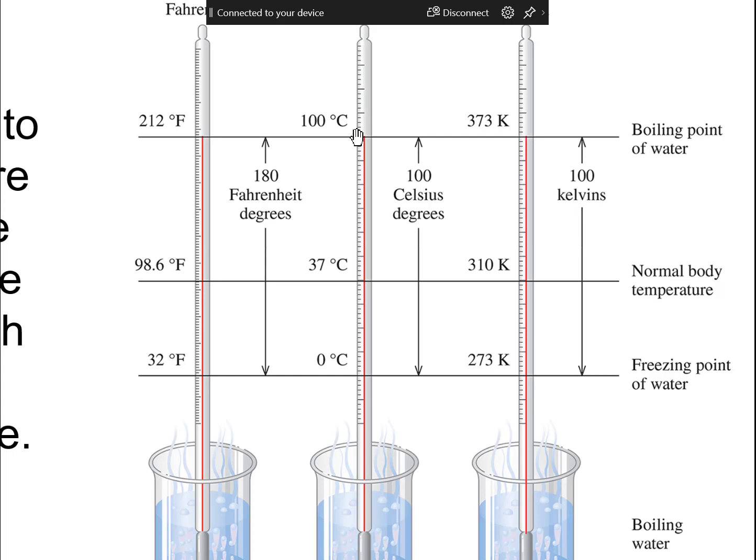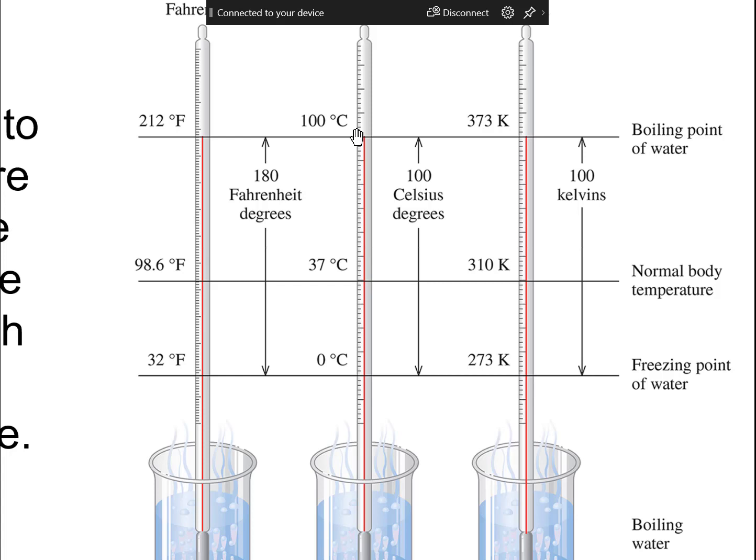So this third scale that you see over here, the third scale they needed to use in mathematical calculations where they couldn't have a negative temperature number. They found that if they took substances and dropped them below the freezing point of water, but tried to do math calculations, having a negative temperature affected all of their calculations.